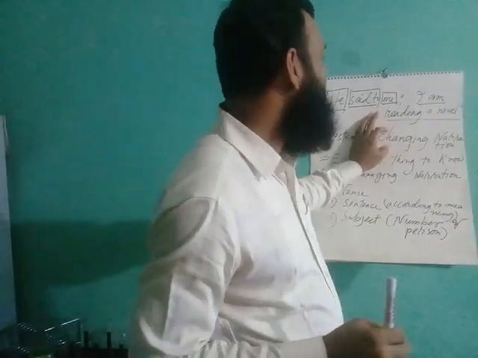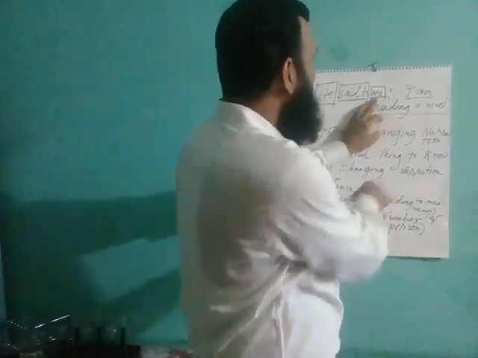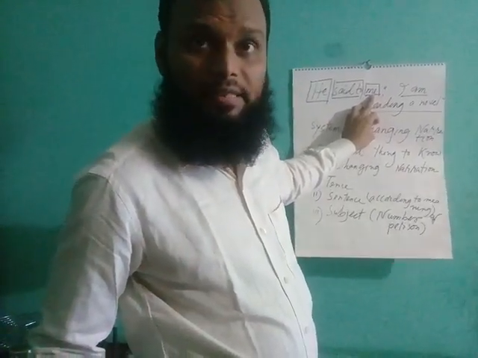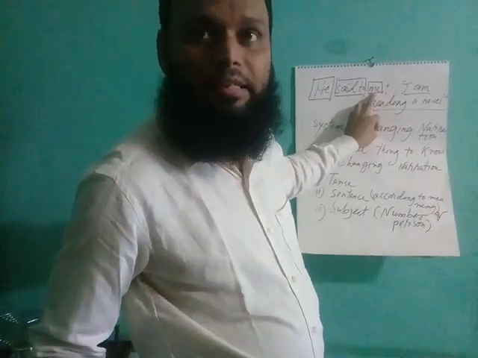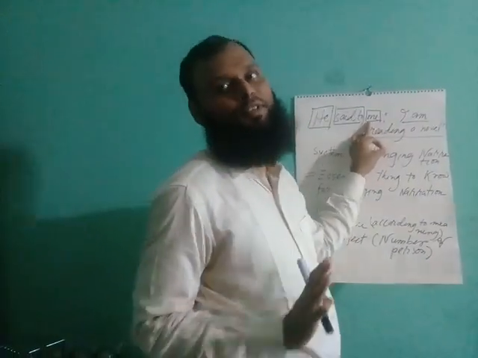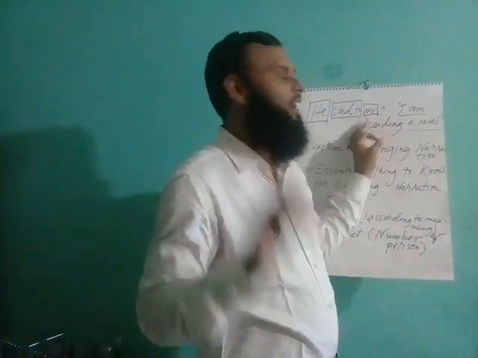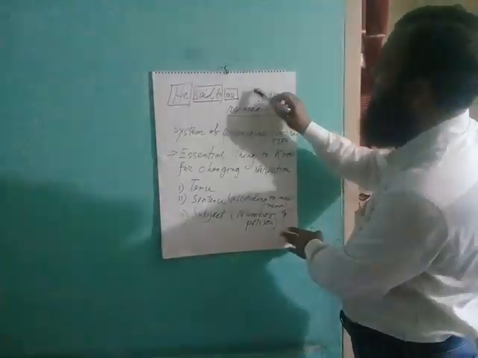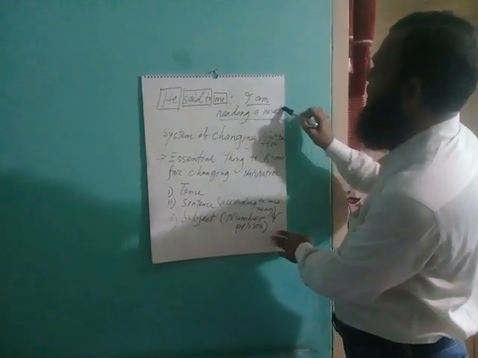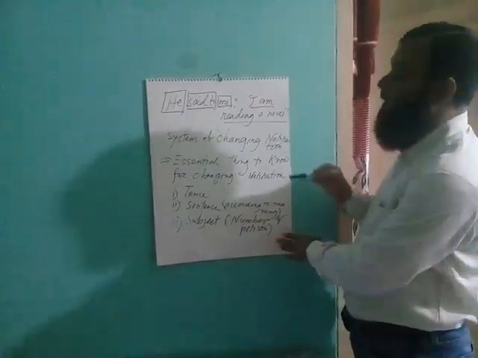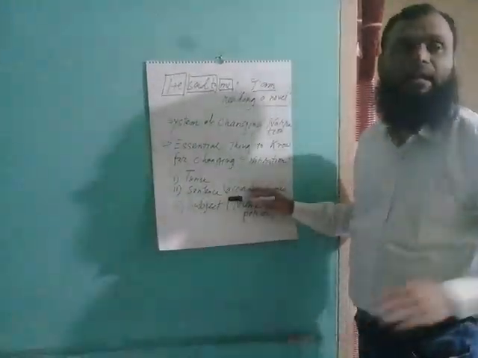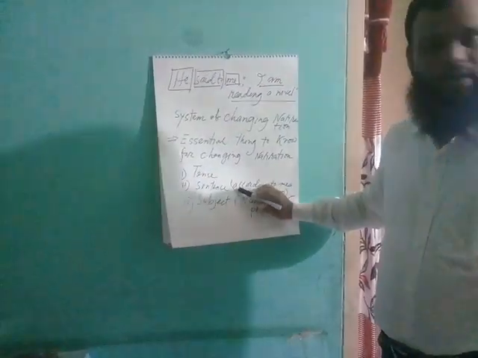Okay, my listeners. Now come. What is the name of this word? What will we call it? We will call it the object of reporting verb. Isn't it? Okay. Now come. Here is a sentence within the inverted comma.